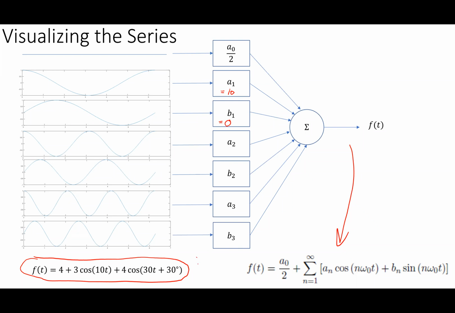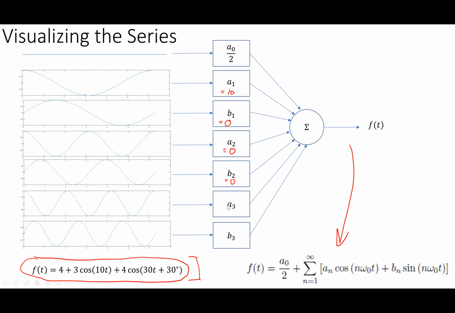For the one I have circled down here, how much A2 and B2 do I need? 0. 0 for each. Yep, because there is no second harmonic. To say that there is no second harmonic means that you want to zero out the sinusoid and cosinusoid that have twice the frequency of the fundamental.